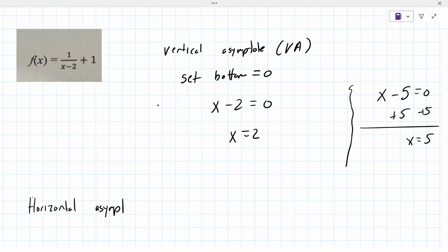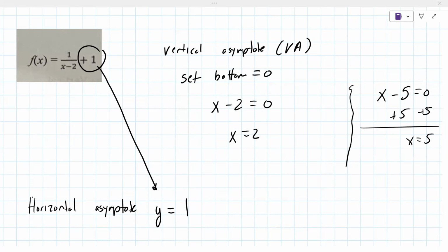The horizontal asymptote is this number here, y equals 1. That's the horizontal asymptote.